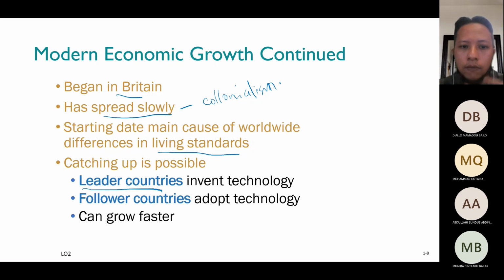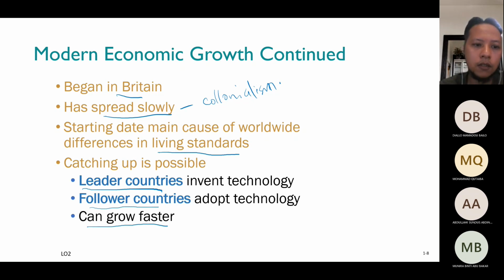Okay, so the leader countries invent technology, and the follower countries adopt technology. However, the theory is that over time, because of globalization and interconnectedness and technology, the follower country can grow faster because they do not have to allocate too much resources in terms of research and development, but just adopt the existing technology.